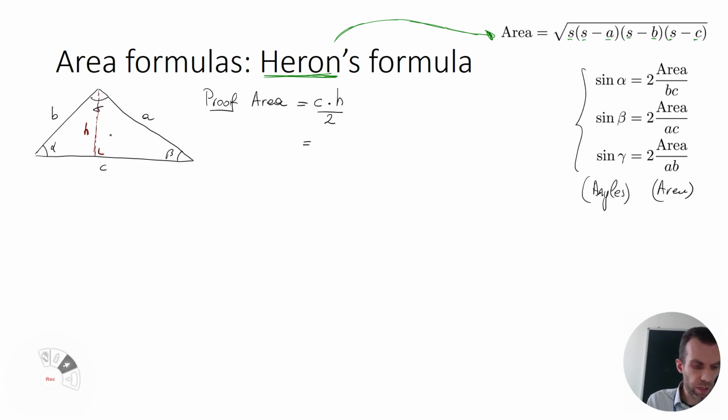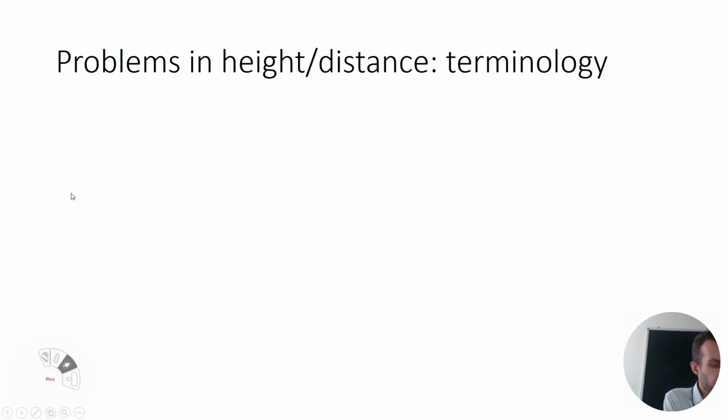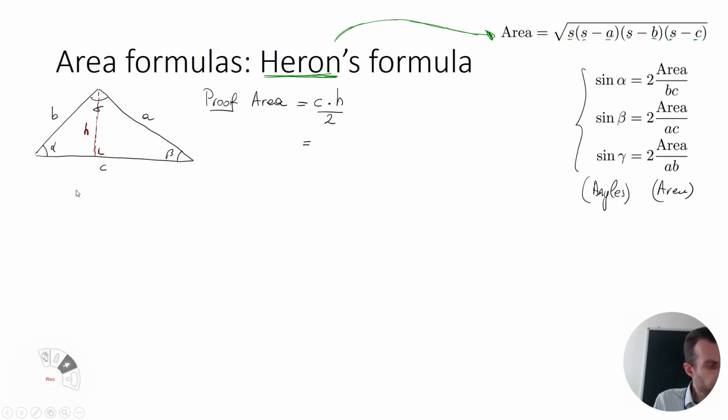And we don't really like that h, so we can use a little bit of trigonometry here to write. We know that h divided by b is sine alpha, so that's in triangle 1 here.